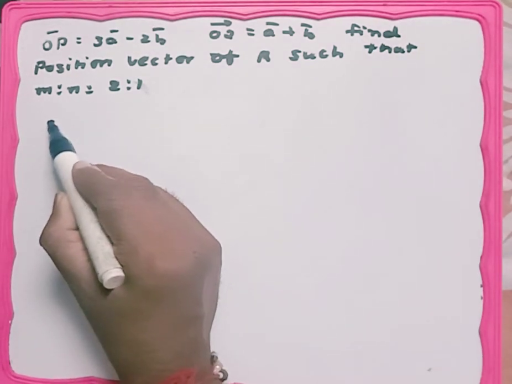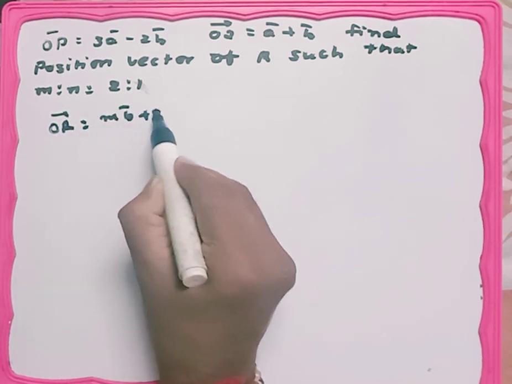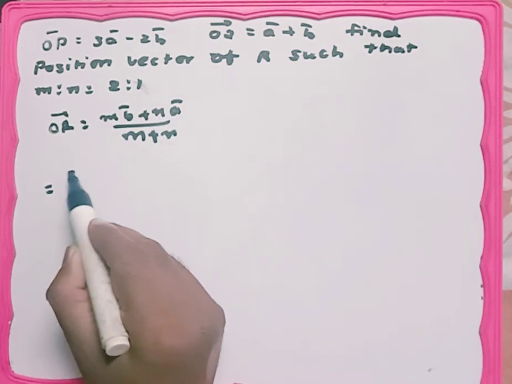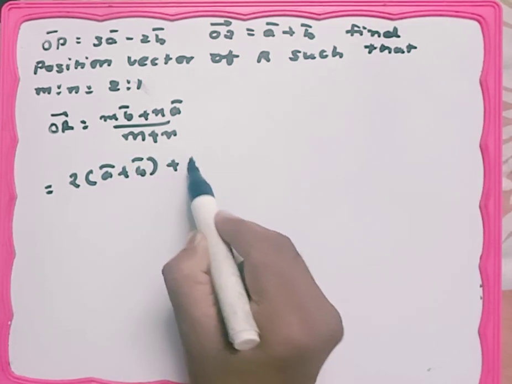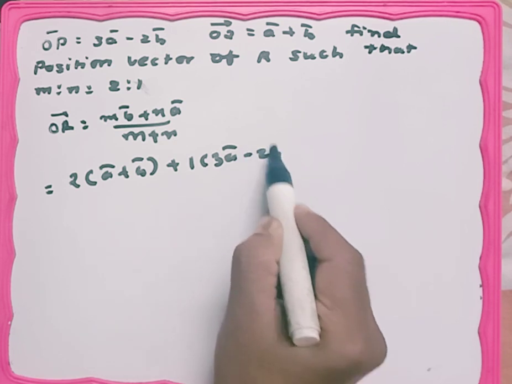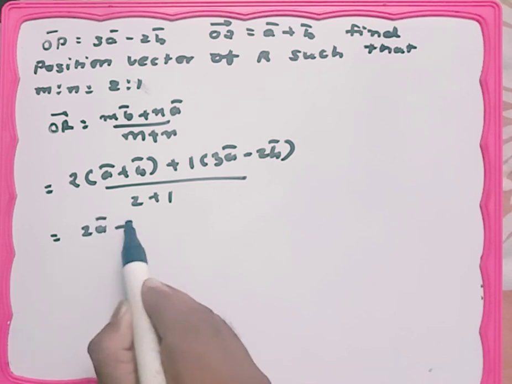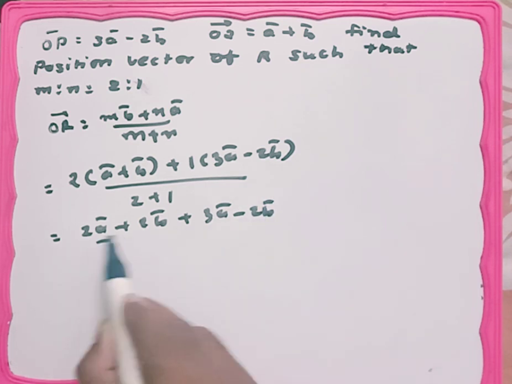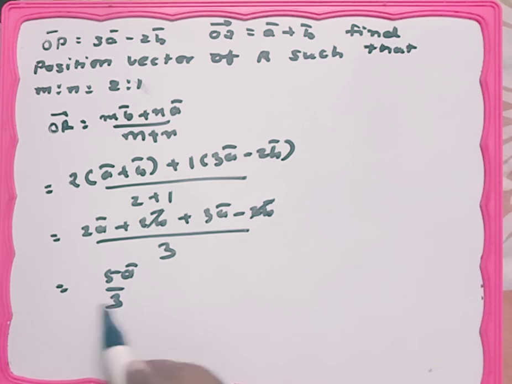When it divides internally, OR bar we take m b bar plus n a bar by m plus n, so 2 into a bar plus b bar plus 1 into 3a bar minus 2b bar by 2 plus 1, and so it is 2a bar plus 2b bar plus 3a bar minus 2b bar by 3. The 2b bar cancel, and so 5a bar by 3 is the internally dividing point.